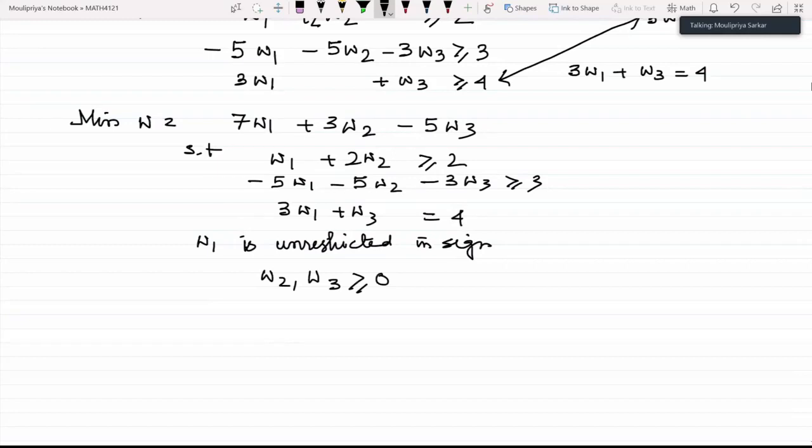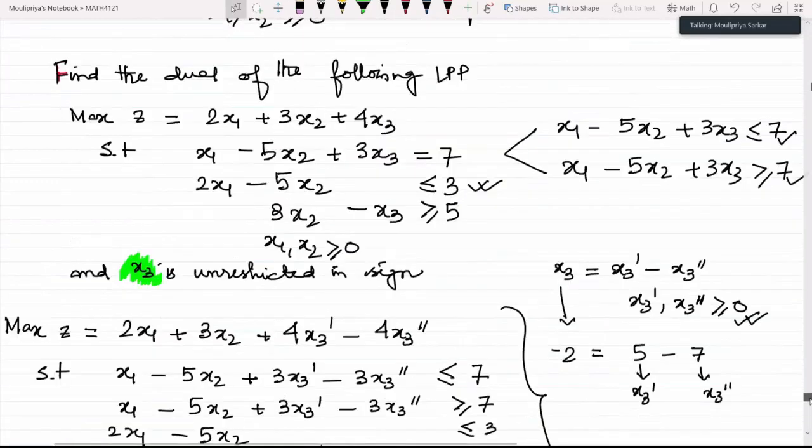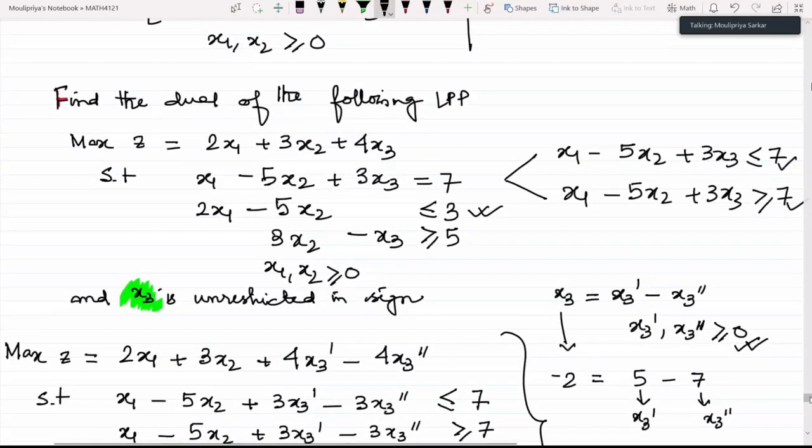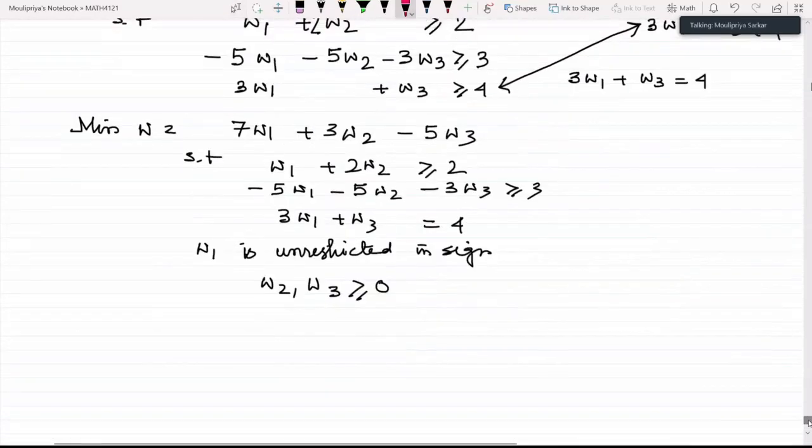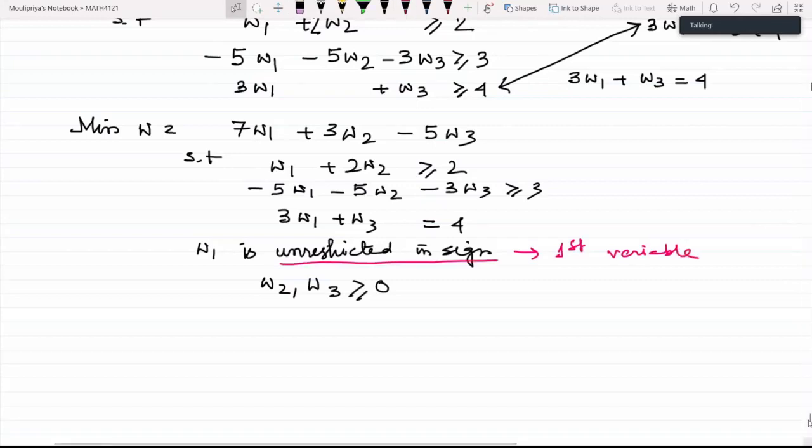I would like to make one more observation. In the given original problem, that is the primal one, which constraint was an equality? The first constraint was an equality. In the dual, what we find is the first variable is unrestricted in sign.